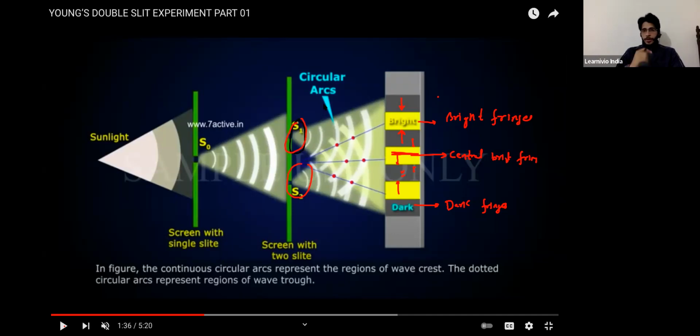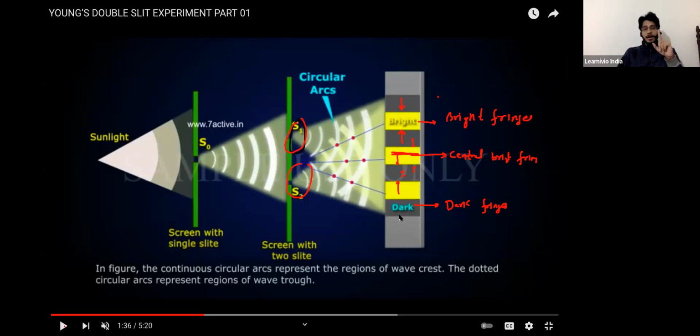Okay, there's another thing. When we come to real life, the dark fringes are not exactly dark. They are not black spots. They have comparatively less intensity than the bright ones. Bright fringes are very sharp, very bright points, and the dark ones have intensity less than the bright spots. That's why we call them dark fringes.